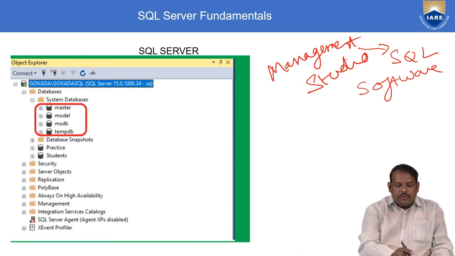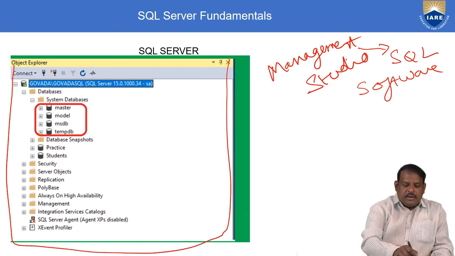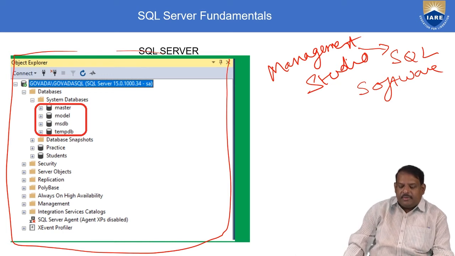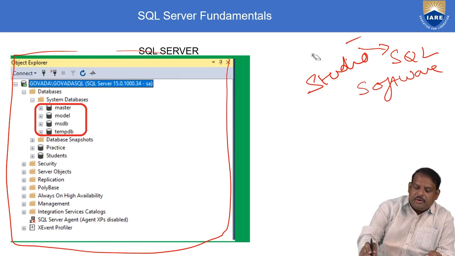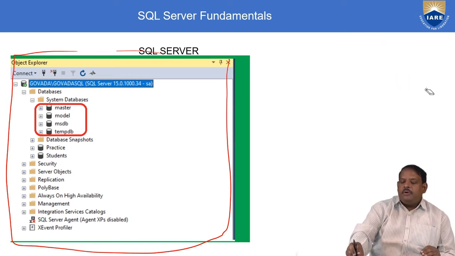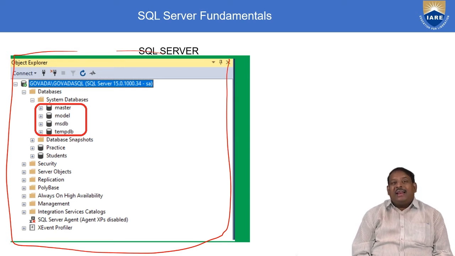This window is Management Studio, a software used to connect to the database. The database is stored in the server, and using this Management Studio we can connect to the server by providing user and password.